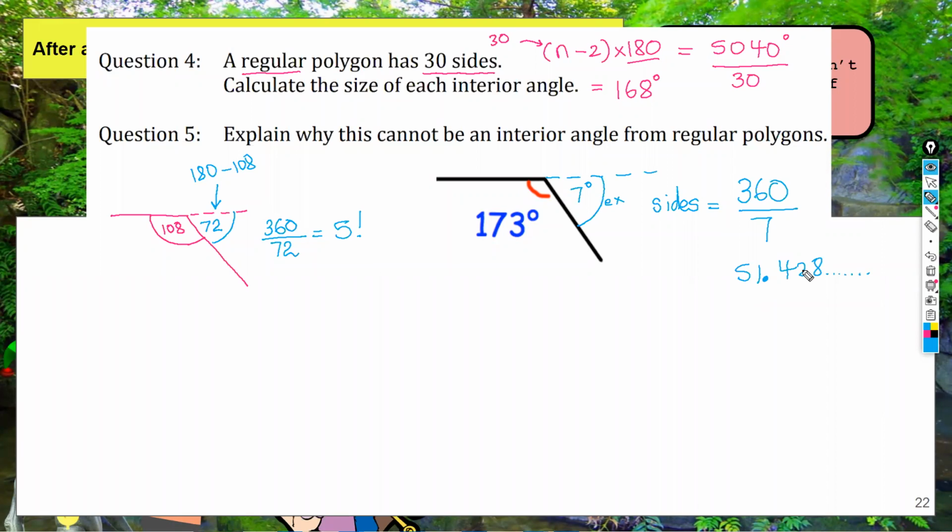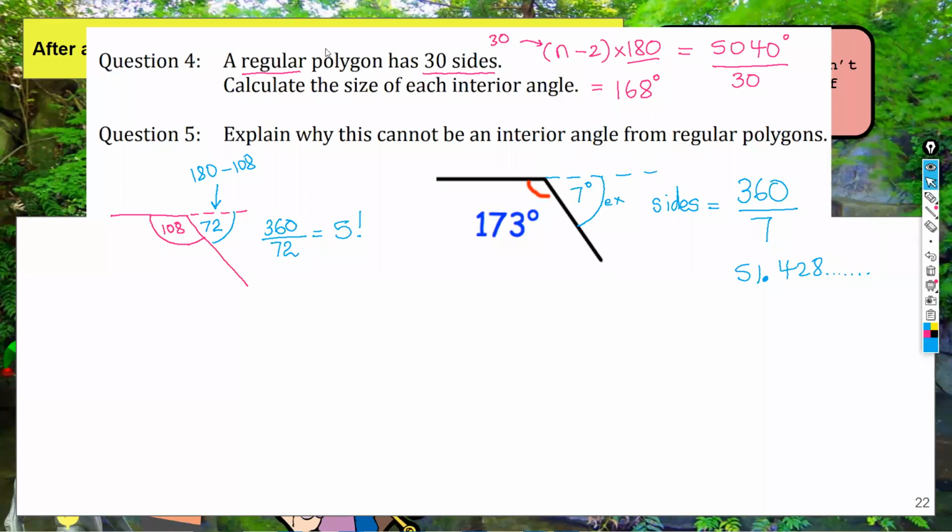That means it's impossible for a shape to have a fraction or a decimal as a number of sides. Think about it. When somebody asks you how many sides a shape has, did you ever have to say it had 4.82 sides? No, it's always a whole number.